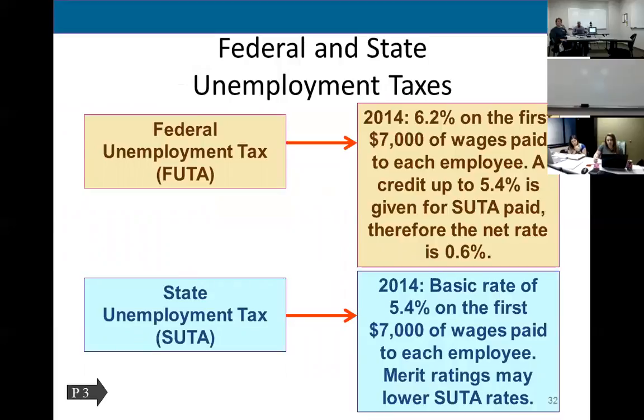So in addition to what your employer is withholding, they must also make those FICA payments on your behalf, Social Security and Medicare. So whatever you are paying into Social Security and Medicare, your employer is matching that dollar for dollar. Your employer is also paying these federal and state unemployment taxes on you.